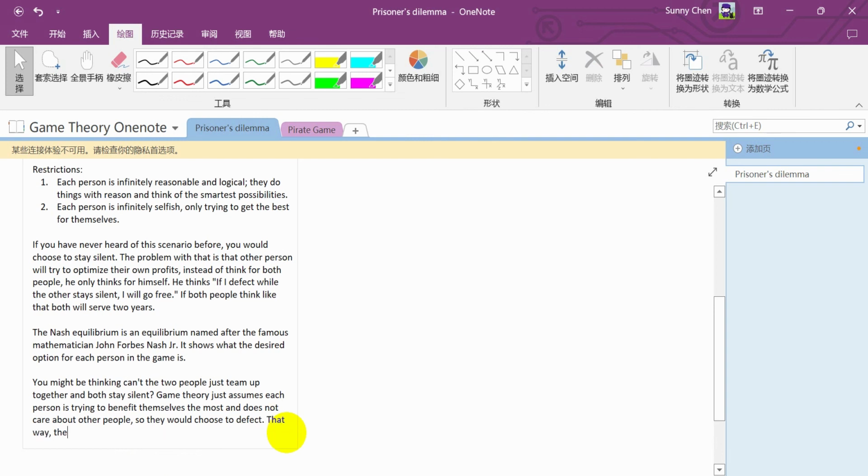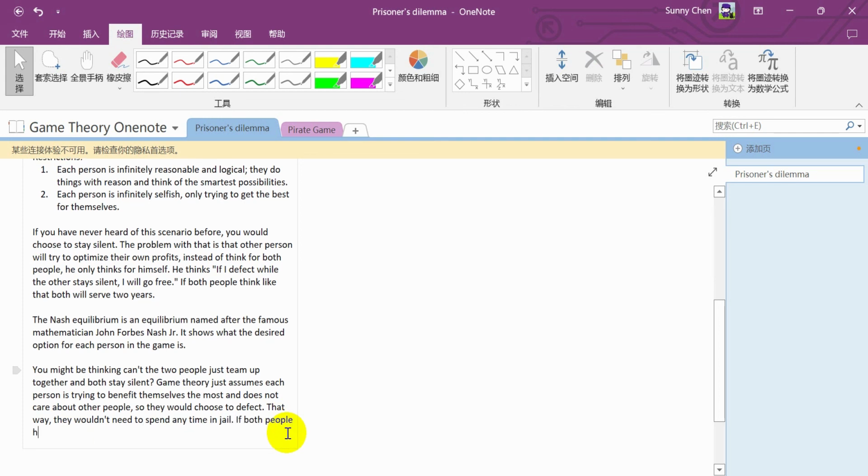That way, they wouldn't need to spend any time in jail. If both people think like that, they would both choose to defect.